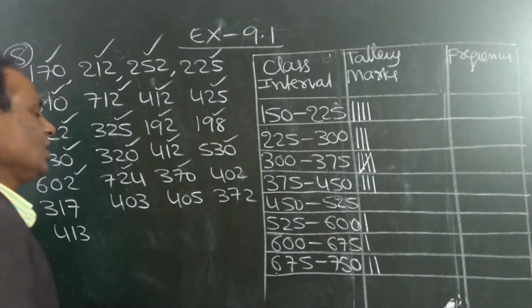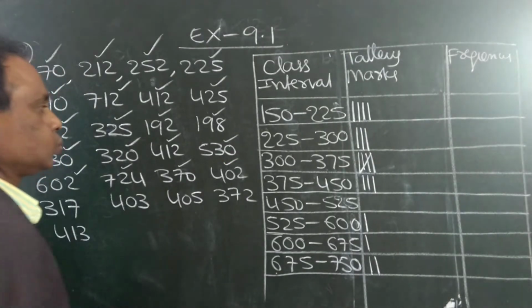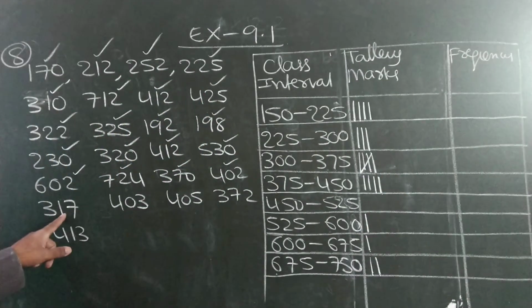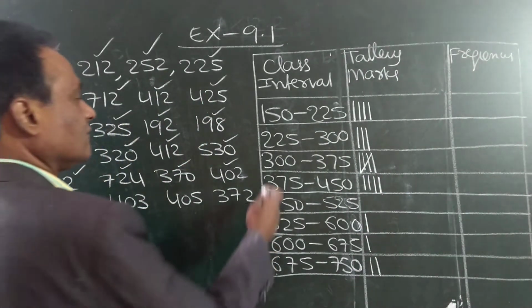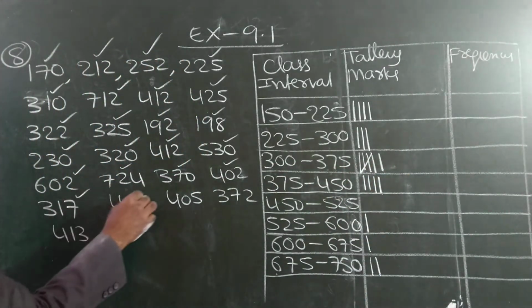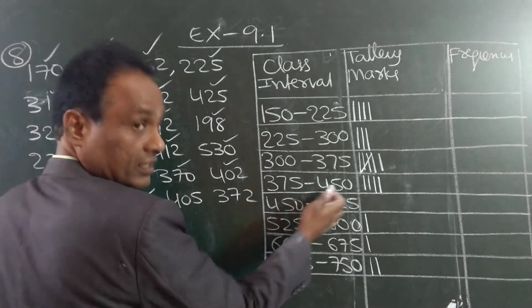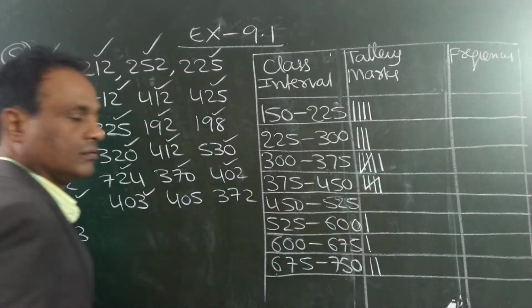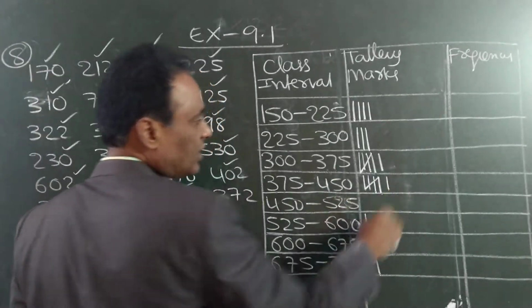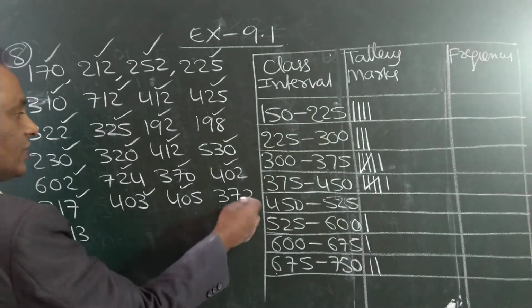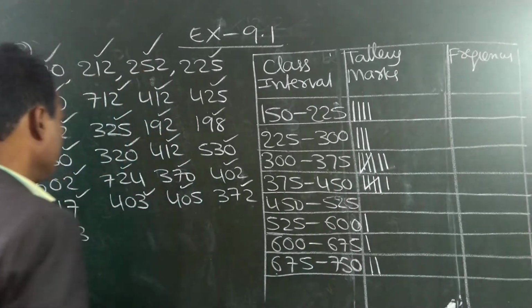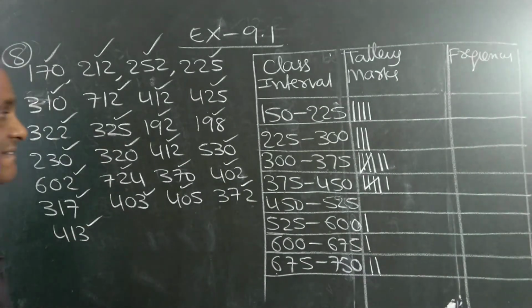Fifth one. 402, 402. 317, 403 here. 405 here only. Sixth one you start separately. 372, 372 here. 413.